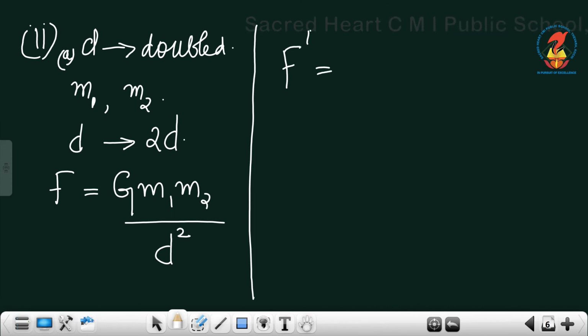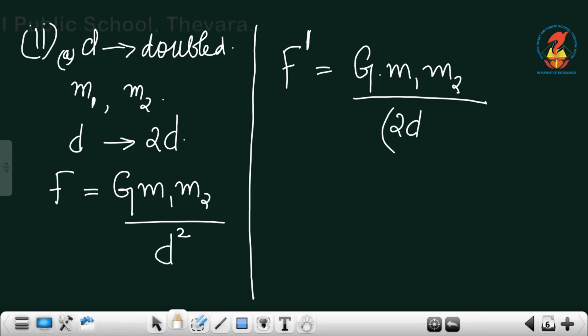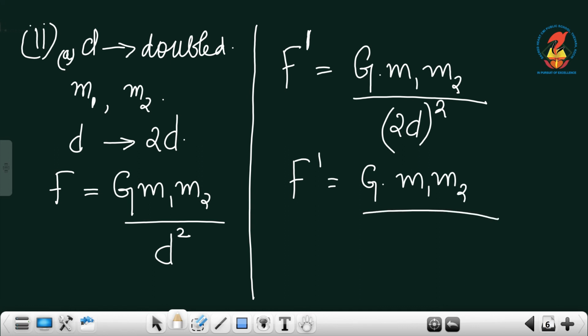So, let the new force be F dash. F dash is G into m1 m2 by, instead of d, it is doubled. So, instead of d, let us substitute 2d the whole square. That is F dash is equal to G into m1 m2 by 2d the whole square, which is 4d square.